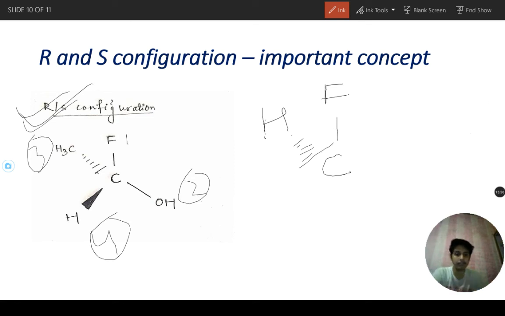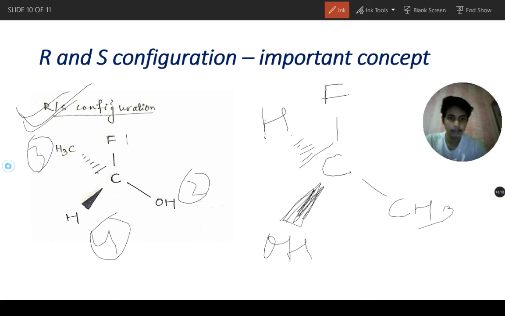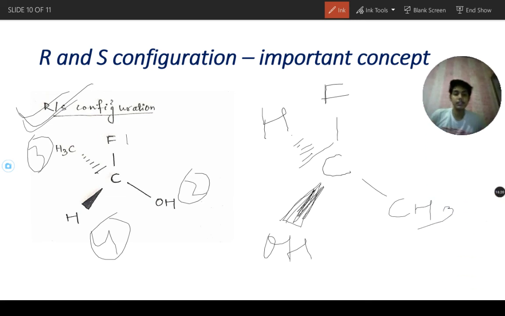Now if you have flipped the compound, the OH will come towards you. Now CH3, if the compound was like this, you flip the compound like this, so CH3 will come to this side. This is a very important thing.